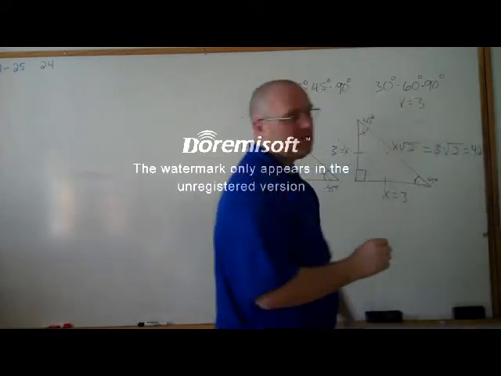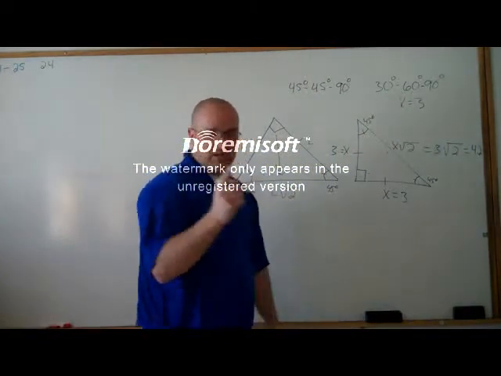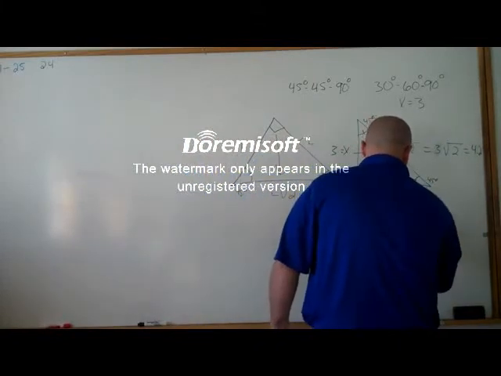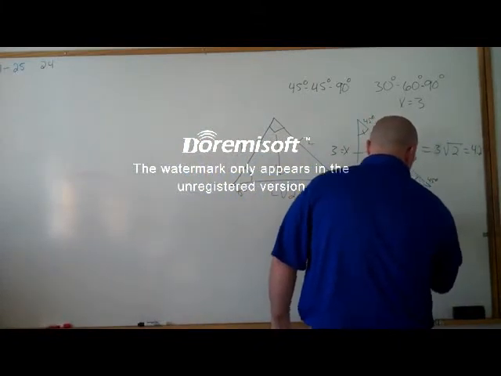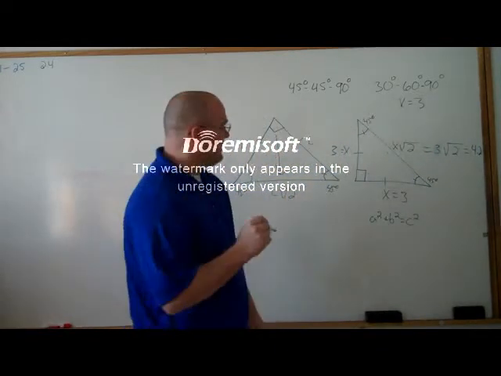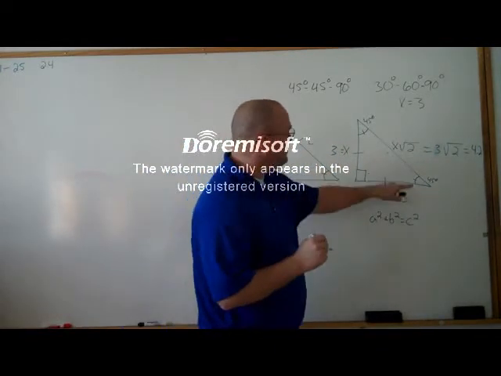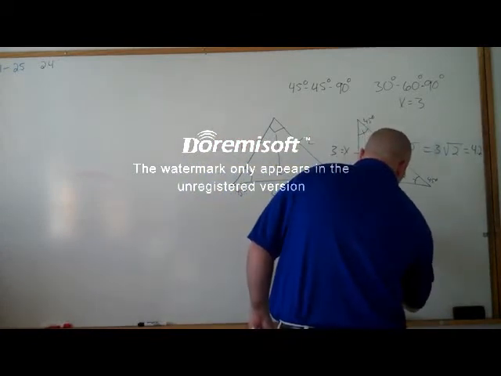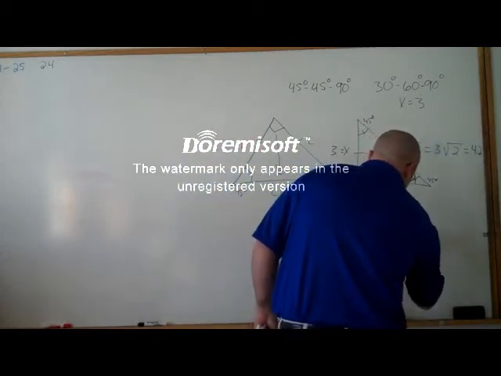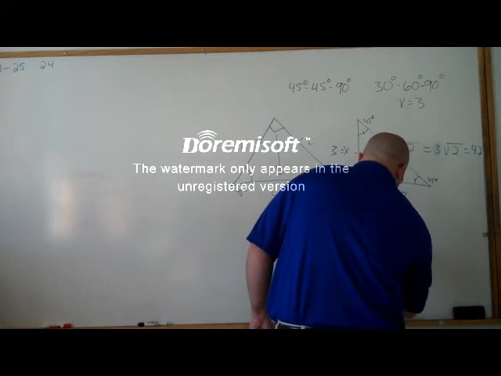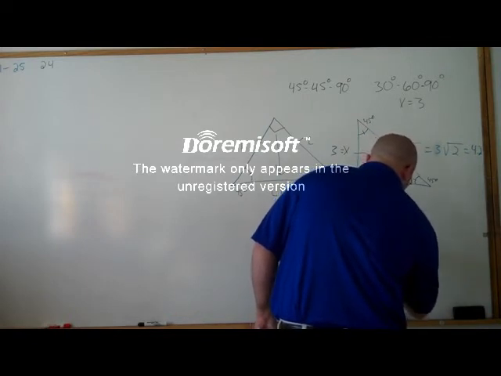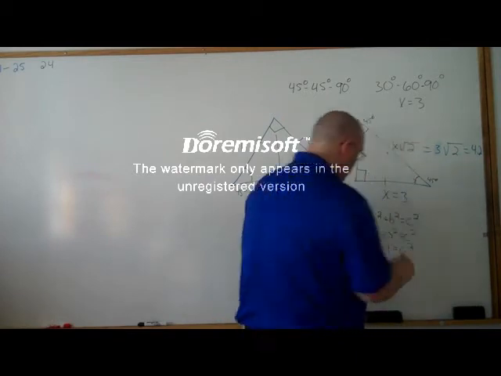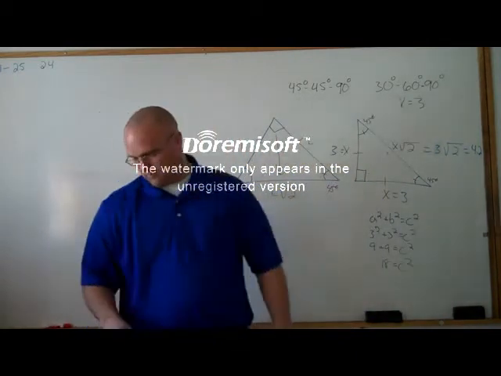So this equals 4.2. Now, let's cheat and see if that's right. Our formula, a squared plus b squared equals c squared. Right? So now, we know our sides are 3. So now we have 18 equals c squared.